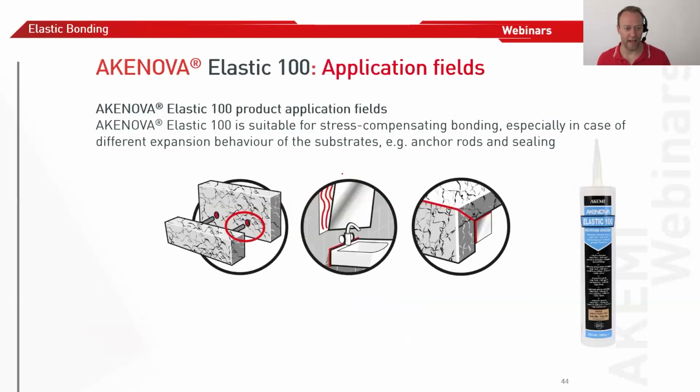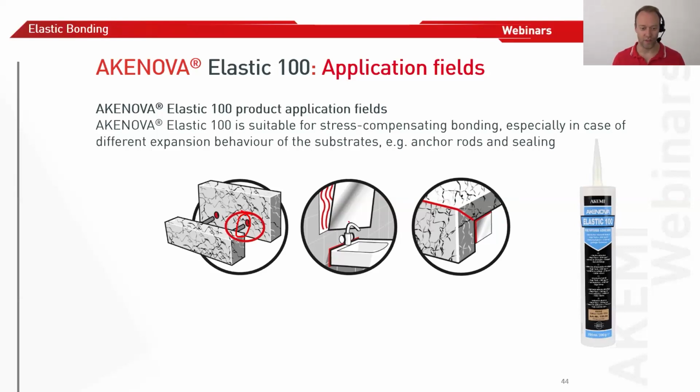And what are the application fields of the Elastic 100? Of course, everywhere where I need a strong grip, but also quite some stress compensation abilities. As it has an elongation at break of about 180 to 200%, it's ideal, let's say, for steel to stone bonding.